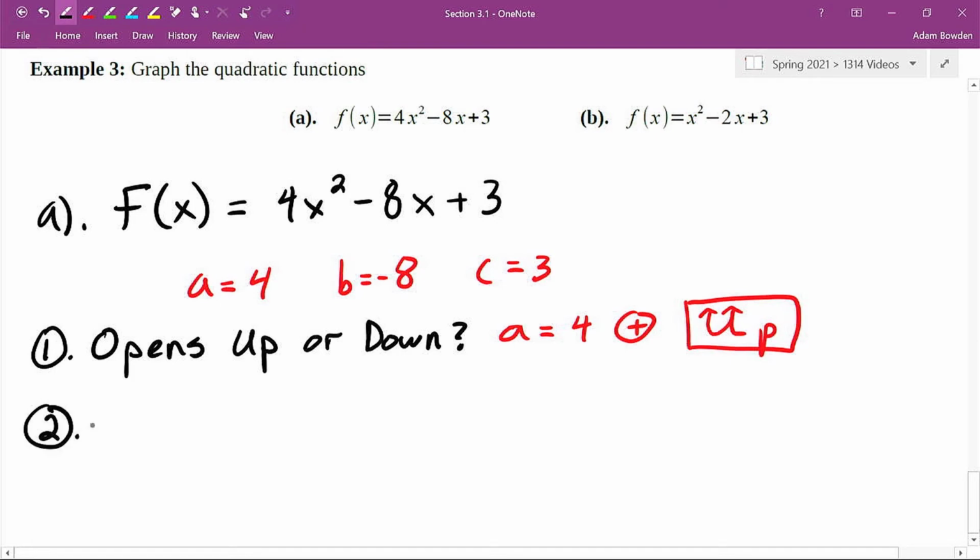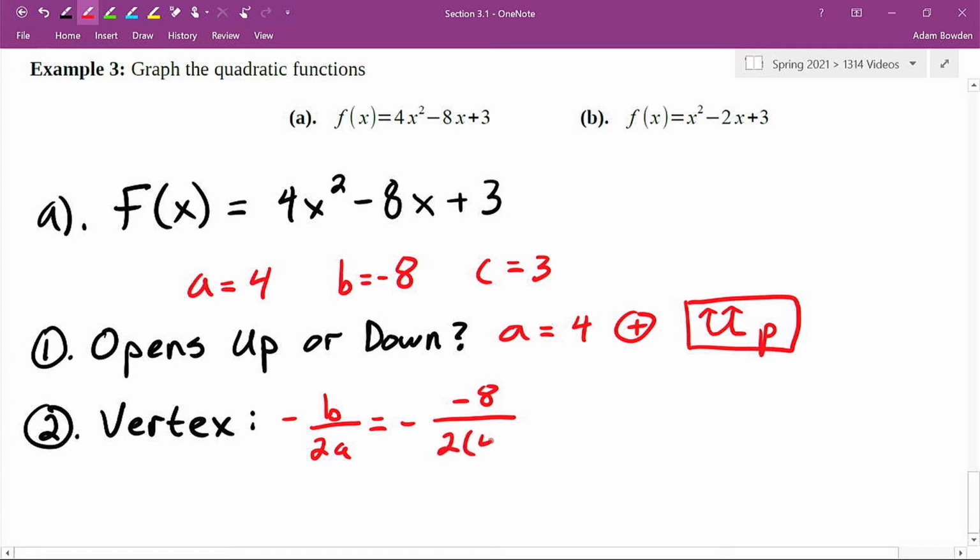This one, though, will be different. Finding the vertex. The vertex now will be figured out by using -b over 2a. Here that would look like -8 over 2 times 4, which would look like -8 over 8. Negative would turn this into a positive 1. That's going to tell us the x-coordinate of our vertex.